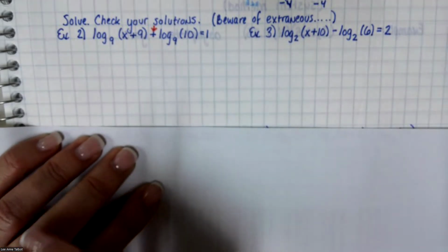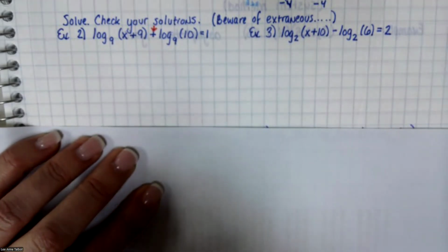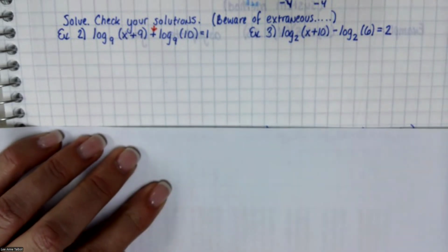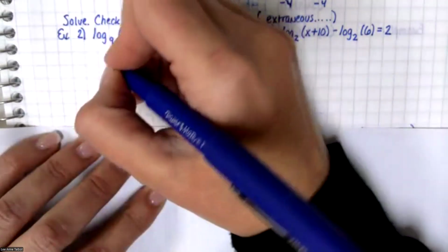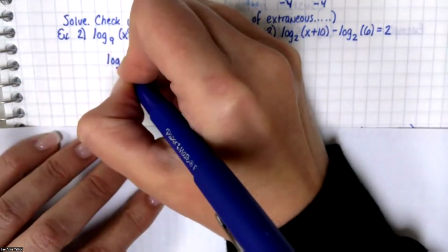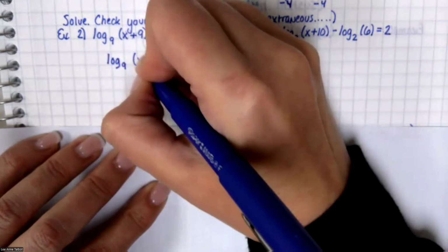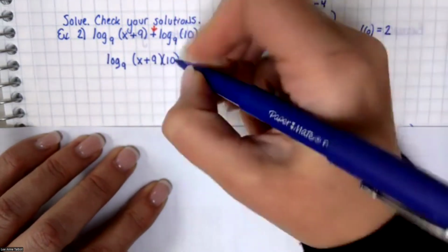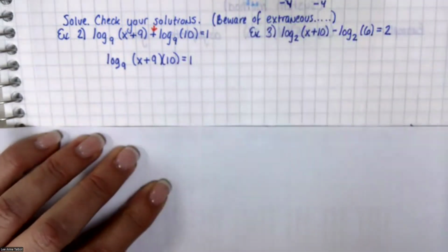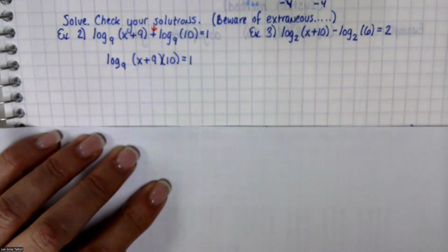This one is plus. When you add exponents, what operation is it really? Multiplication. So log base 9 x plus 9 times 10 equals 1. So plus is times.